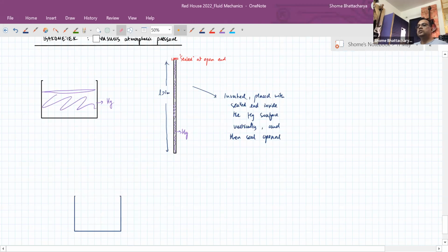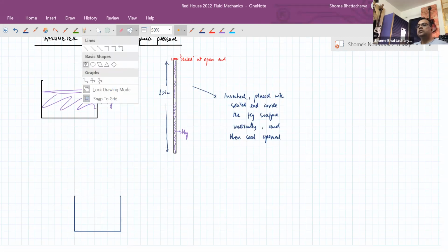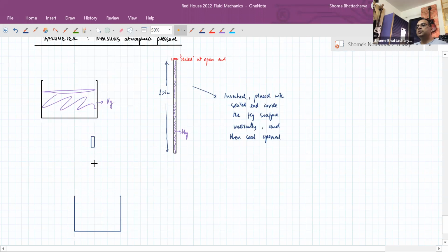Also, this has to be placed in such a way that the portion of the glass tube which is outside mercury, this was the closed end, is now here, whereas the open end, initially with the seal in it, was placed inside the mercury surface, and then the seal was opened.